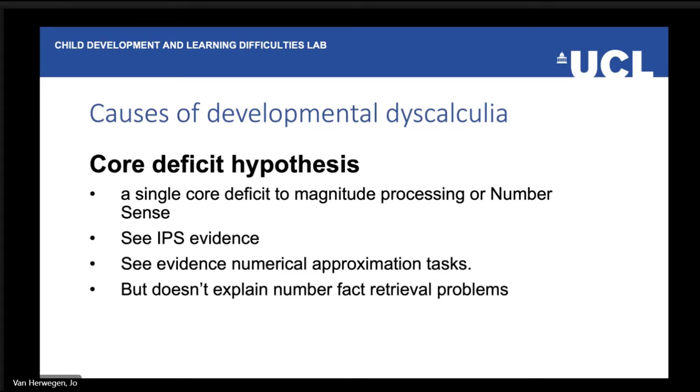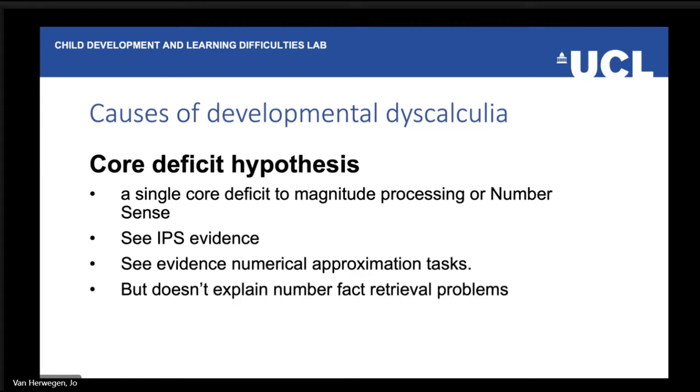And this is what we discussed yesterday relates to the number sense, having a sense for numbers. Where do they go and how do they relate to each other? We also know, as I already showed you a minute ago, that this relates to the intraparietal sulcus in the brain, which is different for those who've got developmental dyscalculia compared to those who do not. And we have evidence from numerical approximation tasks.